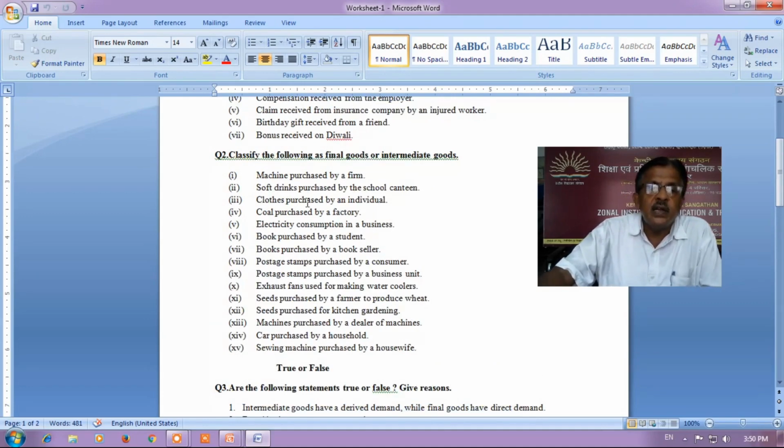So like that, if you remember what the intermediate goods are, you can point them out. Which are the intermediate goods here?